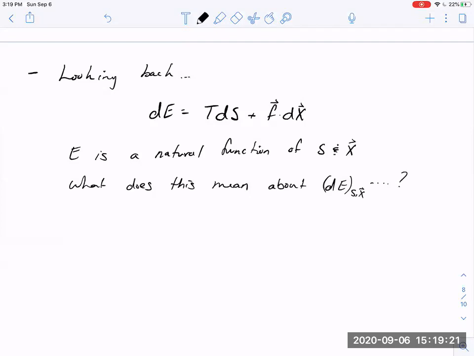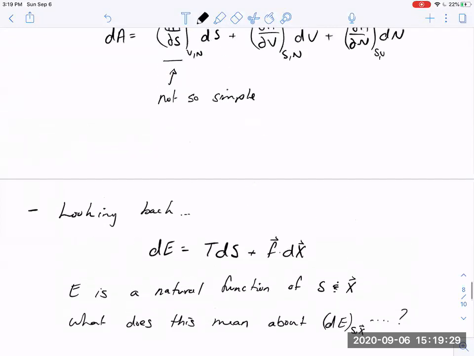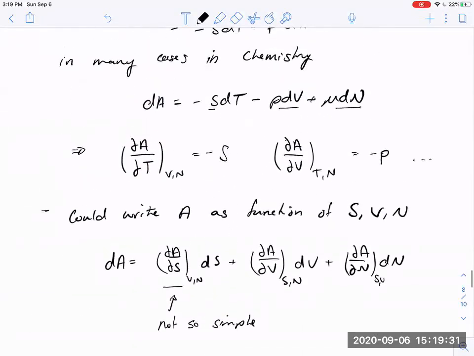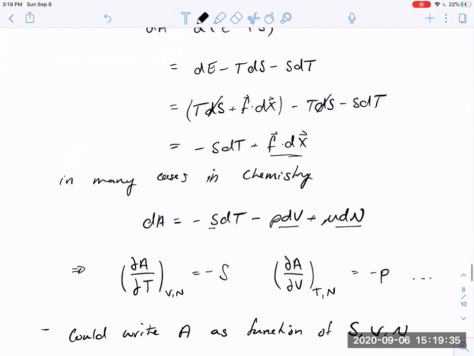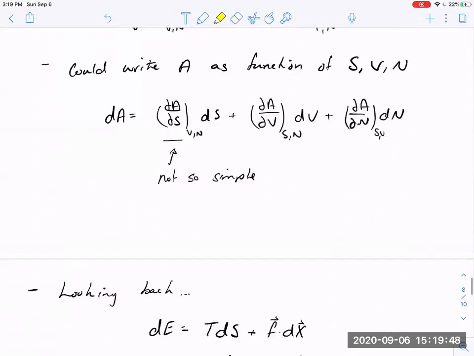In going from the energy to the Helmholtz free energy, we've essentially exchanged the roles that S and T play. While the Helmholtz free energy has these F dx terms, like up here, dA is F dx minus S dT.